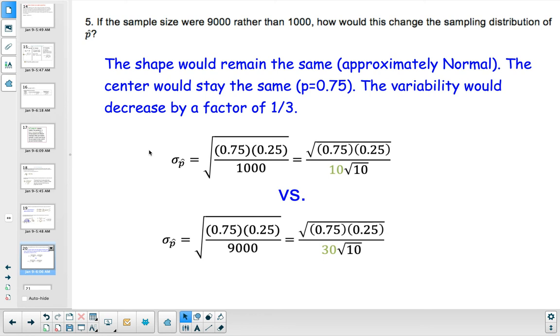The center would stay the same, still that 0.75, but the variability would decrease by a factor of 1/3. And hopefully I displayed that algebra here, why it's a third. If you take this number and you multiply by a third, you get this number. So just remember the sentence: increase sample size, decrease variability.